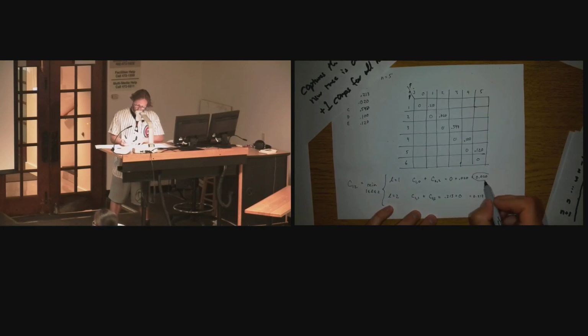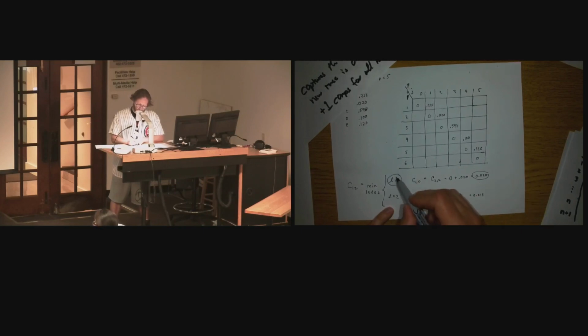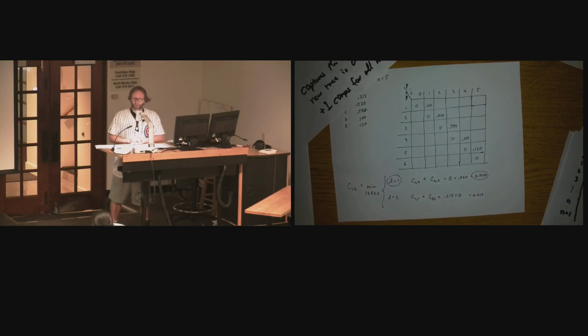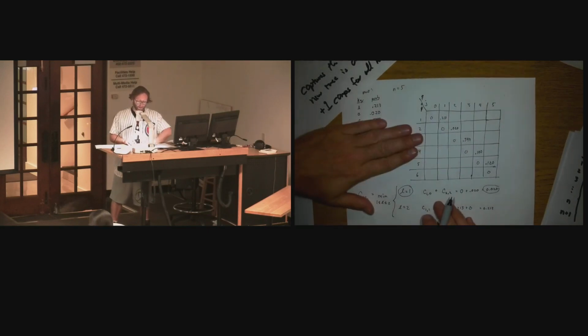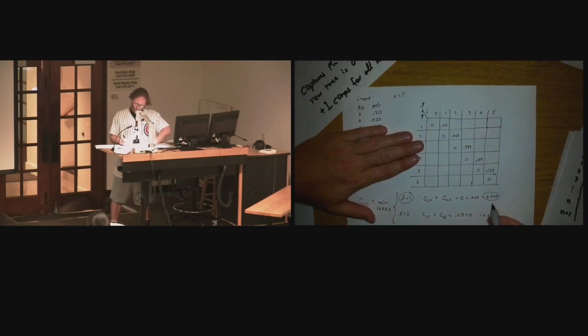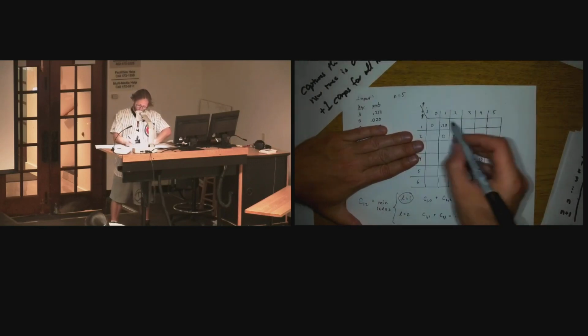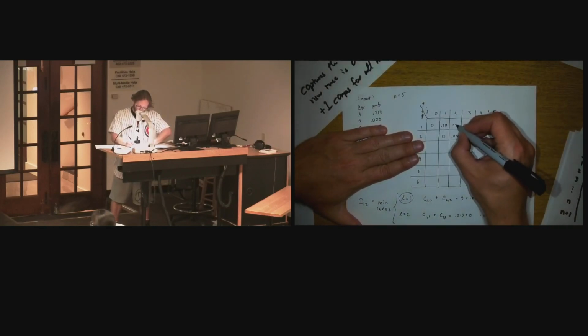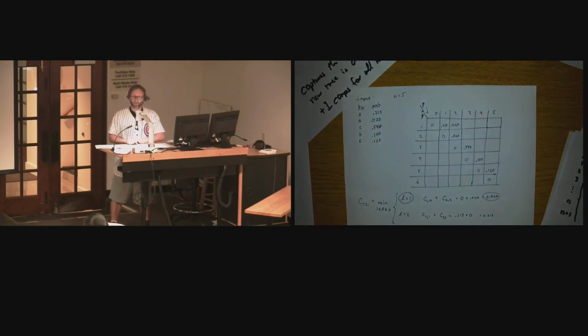This one wins out. And so this tells us that A should be the root of the subtree consisting of these two keys. And so what we do is we come up here, 2, and we put in 0.20. Okay?